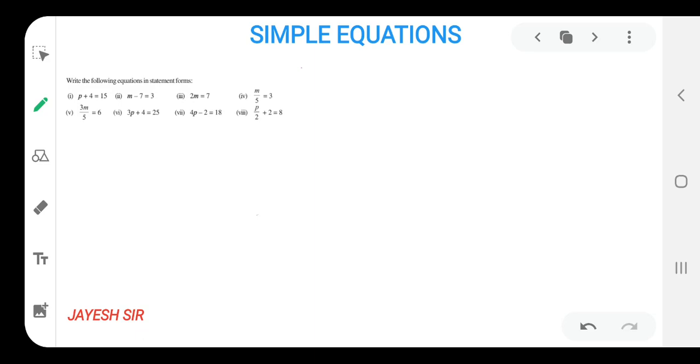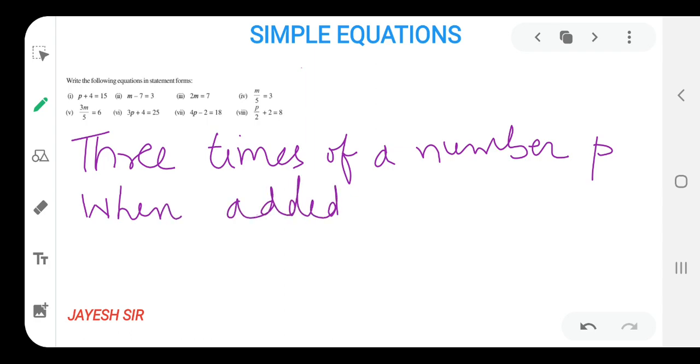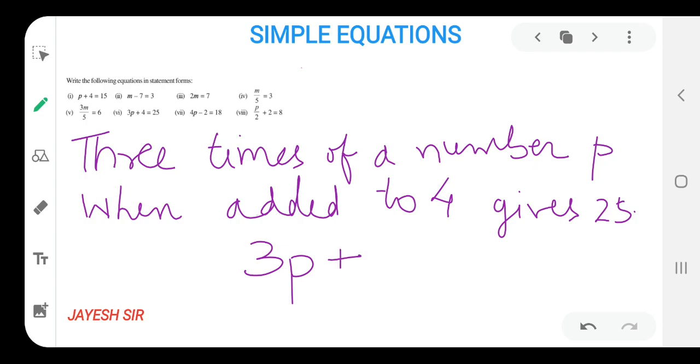But here I would like to suggest that we write 3 times a number p when added to 4 gives 25. I hope you all might be getting it, friends. So what was there? 3 times a number p, when added to 4, gives the answer 25. I hope you all might be getting it, friends.